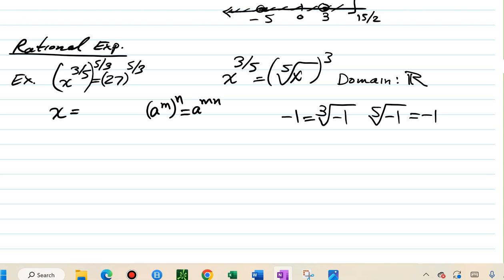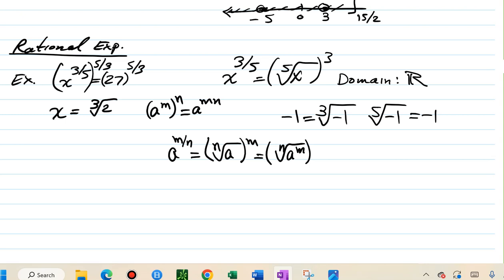27 to 5/3. Well, if you recall, when we have a to the m over n, we can write this as the nth root of a, the whole thing to the m, or the nth root of a to the m in that form. So I can write 27 to 5/3 as the cube root of 27 quantity to the 5th.